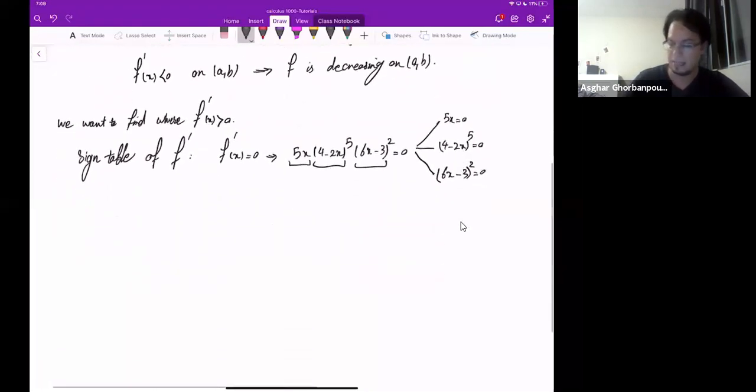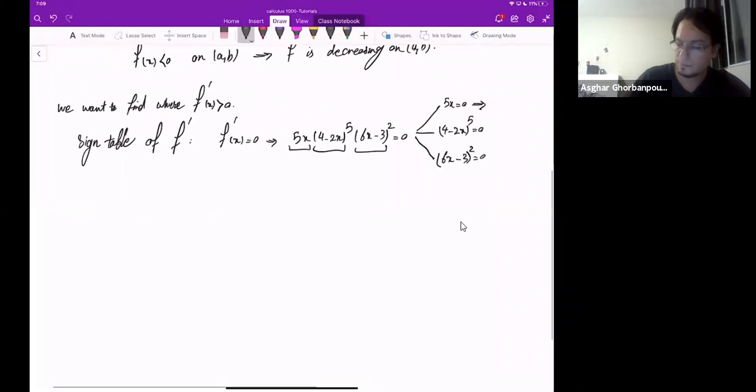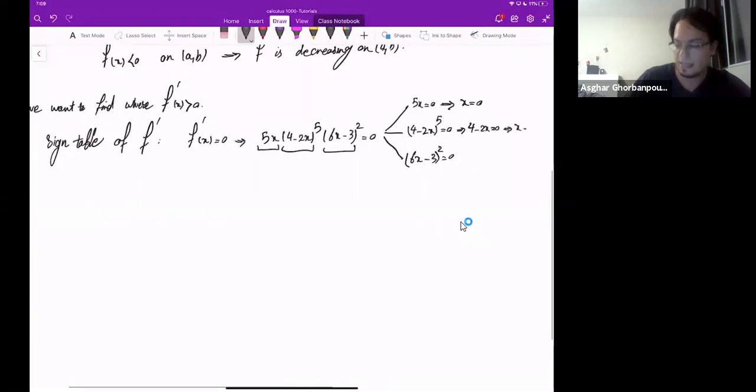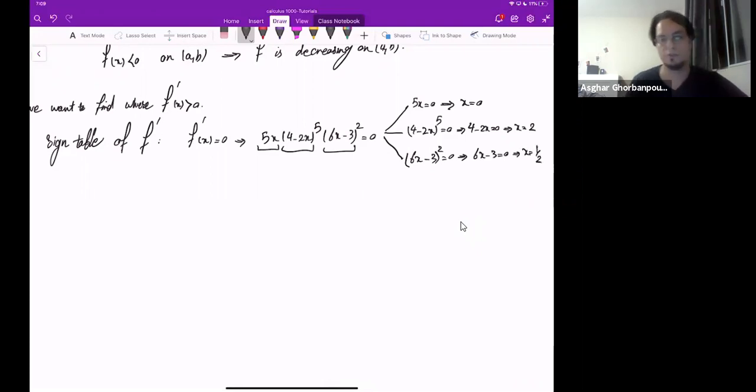From that, you can see that x is equal to 0. That 4 minus 2x is equal to 0 implies that x must be equal to 2. And 6x minus 3 equal to 0 means that x must be equal to 1 over 2.